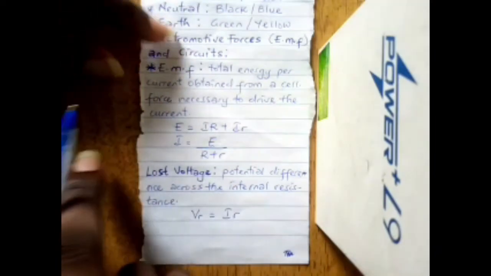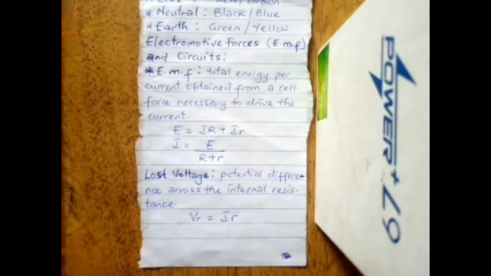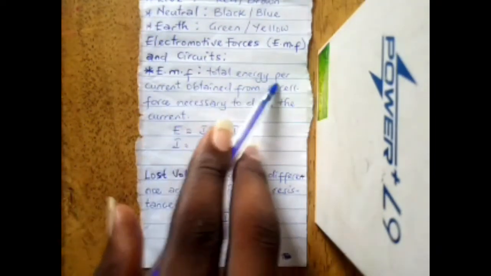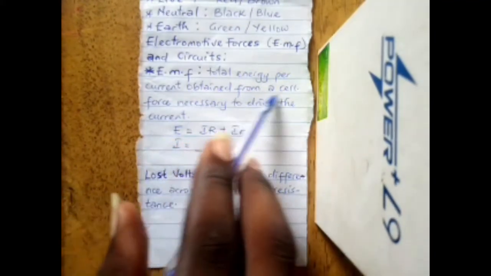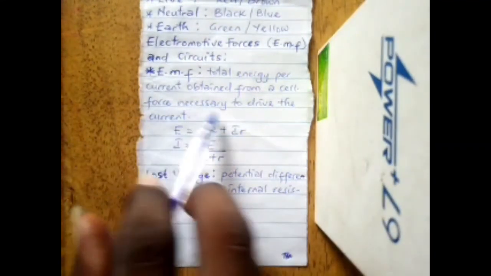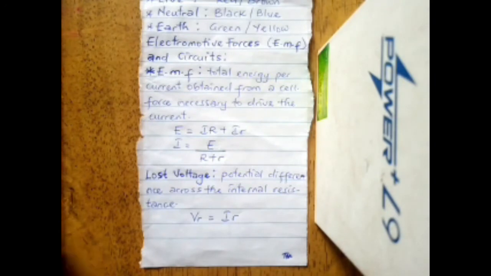Okay, now we're looking at electromotive forces and circuits. The electromotive force is the total energy per current obtained from a cell. It is the force necessary to drive the current.